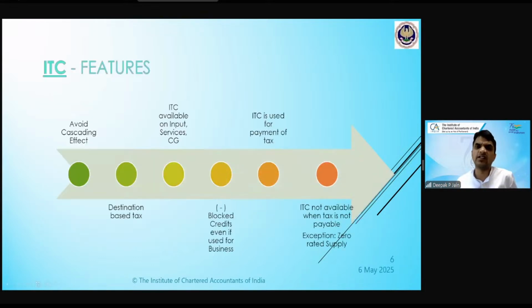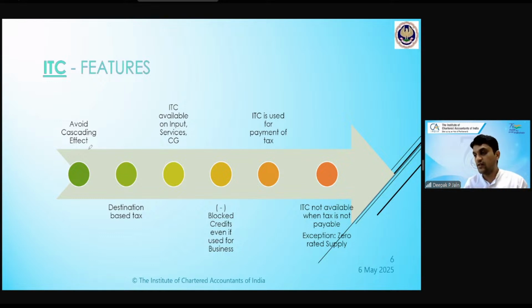Now, ITC, what are the features of ITC? It avoids the cascading effect. That is what we have seen: earlier there was cascading in excise duty, but in GST it avoids the cascading effect. Second, it is a destination based tax. Since GST is a destination based tax, the input tax credit also flows to the destination. When I buy something, the credit is with me. As soon as I sell it, the credit goes to the buyer.